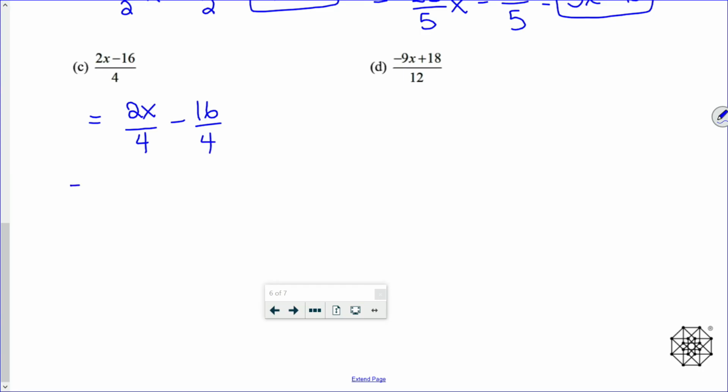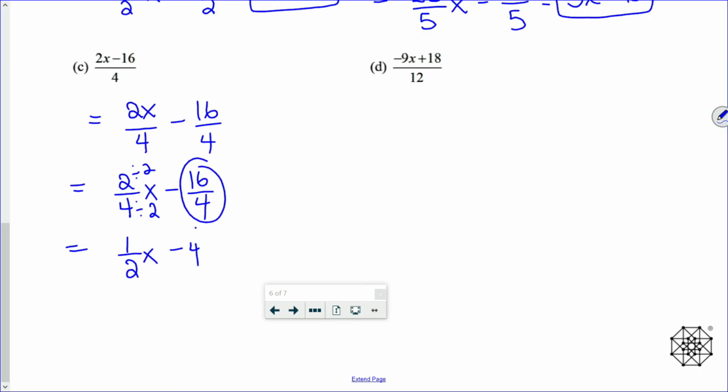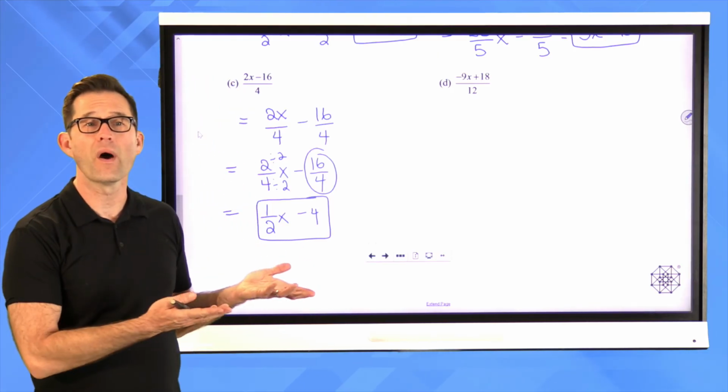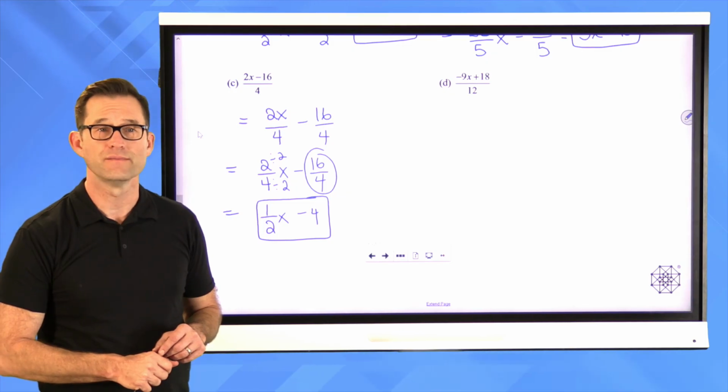Now, so far, it looks pretty similar to the problems I've been doing. I have 2/4 x minus 16/4. The key here now is that I have to reduce this fraction because that's not a whole number, right? 2/4 is the same as 1/2. Now on the other hand here, 16/4 is the same as 4, right? 16/4 is just 16 divided by 4, that's 4. So we get 1/2 x minus 4.